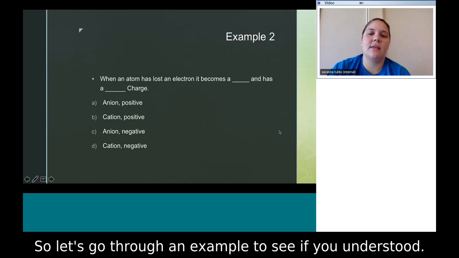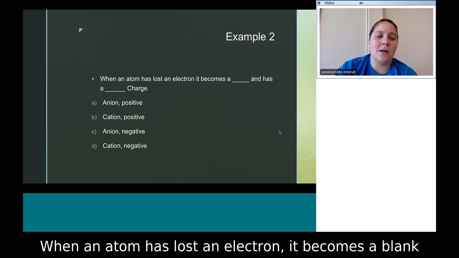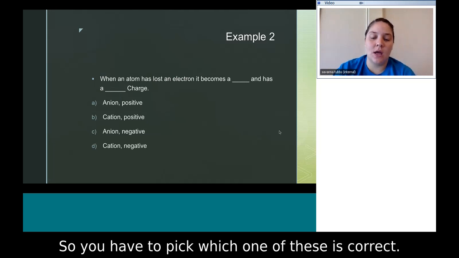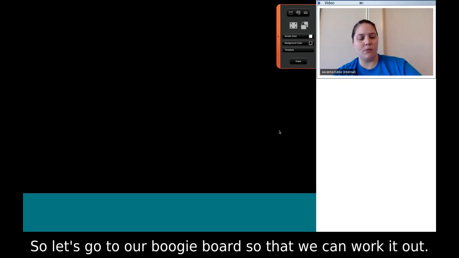So let's go through an example to see if you understood. When an atom has lost an electron, it becomes a blank and has a blank charge. You have to pick which one of these is correct. So let's go to our boogie board so that we can work it out.